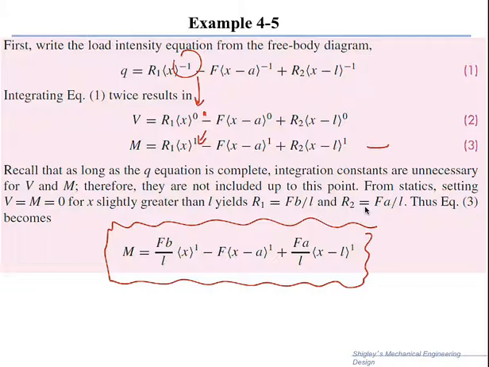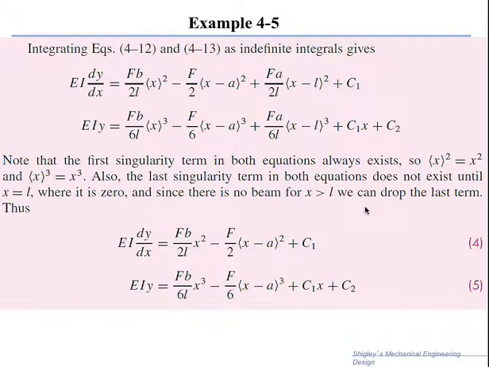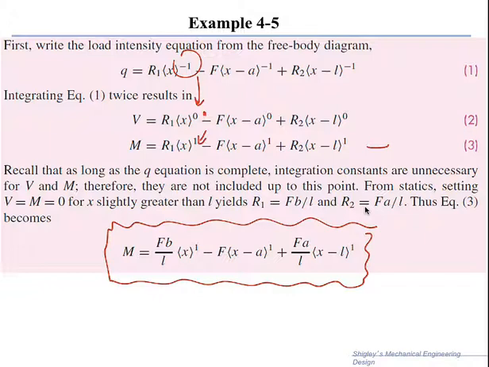So if you have R1 times x to the power 1 and you integrate it once, you get R1, which is FB over 2L, times x squared over 2. And again, when you integrate F times x minus a to the power 1, you get F times x minus a to the power 2 over 2.